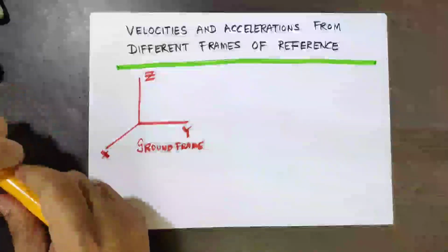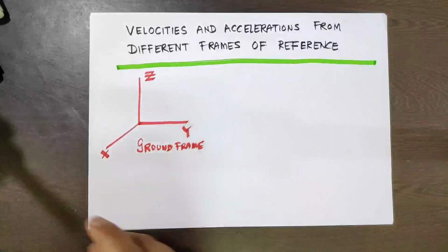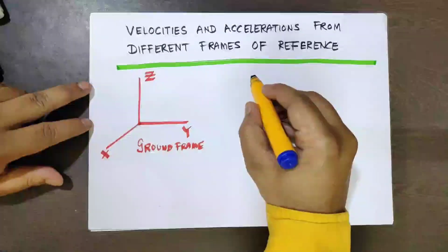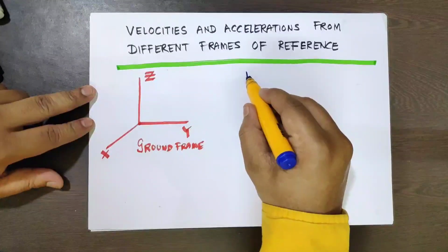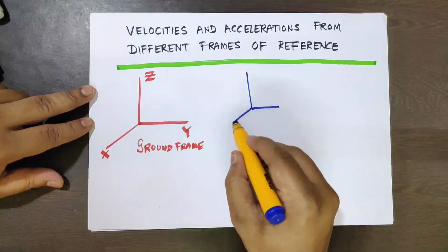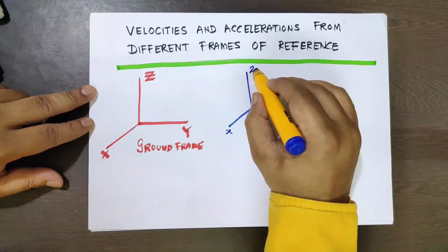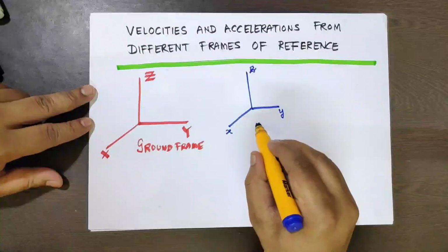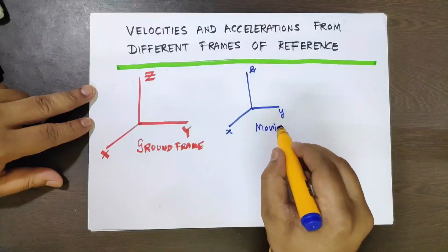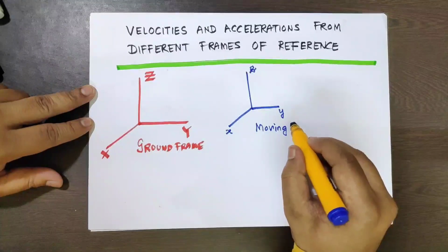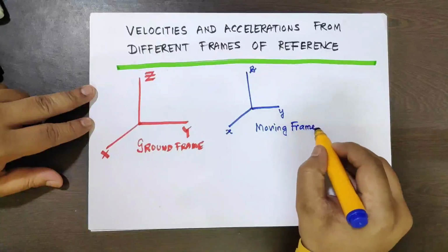And one more frame is the moving frame with small x, y, z, maybe tilted also like this. It may be an accelerating moving frame also.